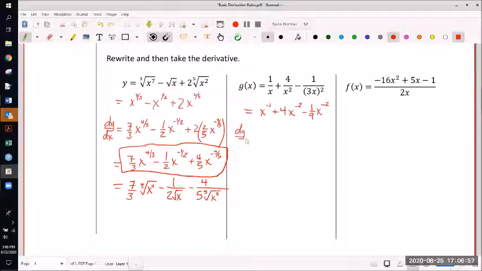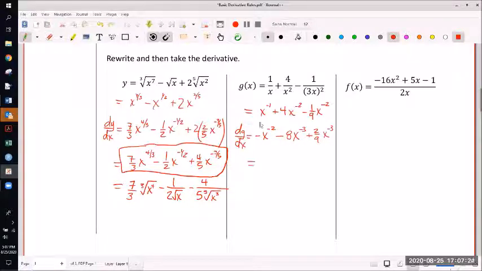Now when I take the derivative of g with respect to x, applying the power rule, I get negative 1 times x to the negative 2 minus the 4 times the negative 2 becomes minus 8x to the negative 3. And then this becomes plus 2 ninths, negative 2 times negative 1 ninth, 2 ninths, x to the negative 3.